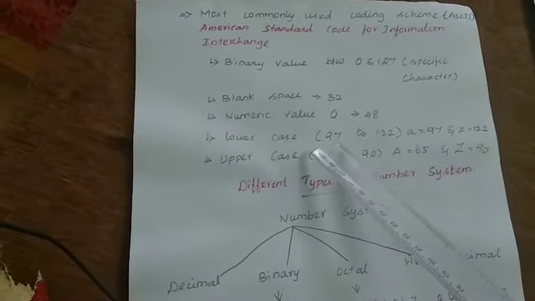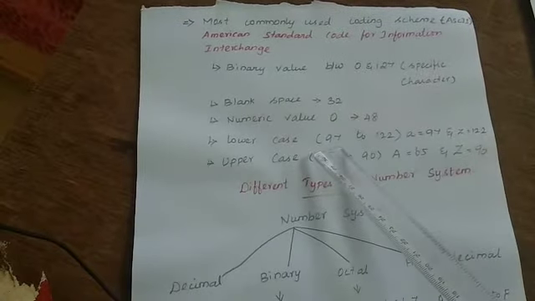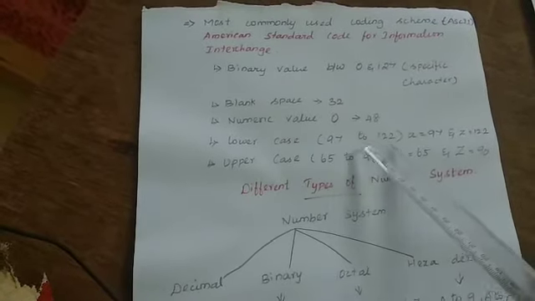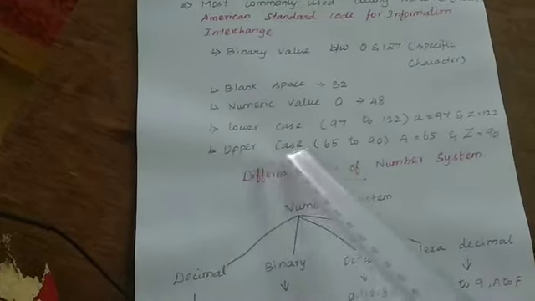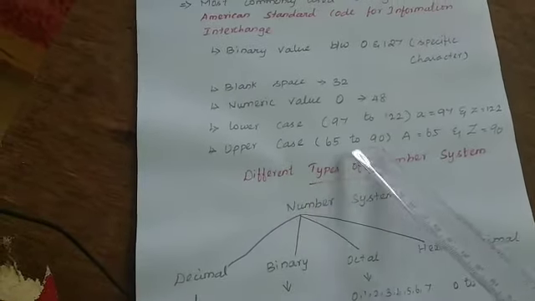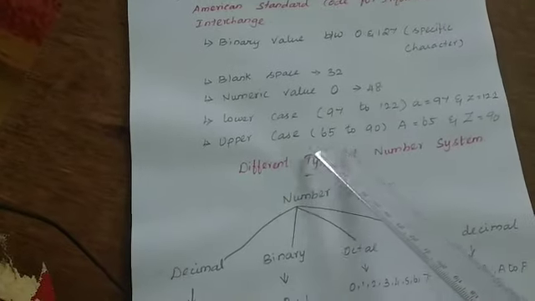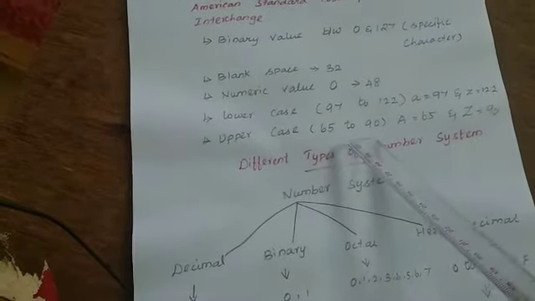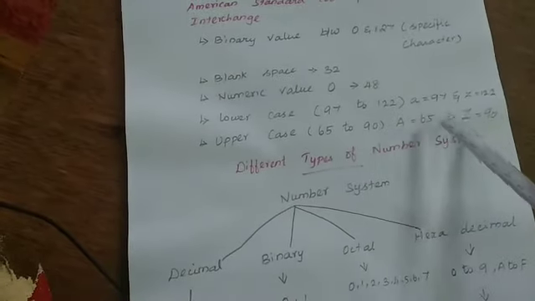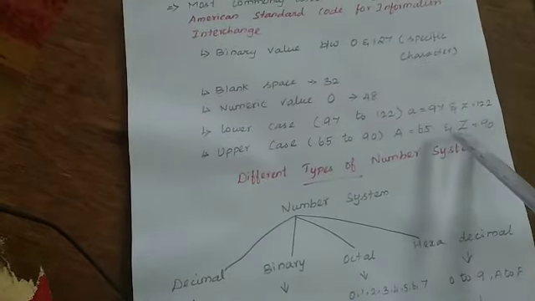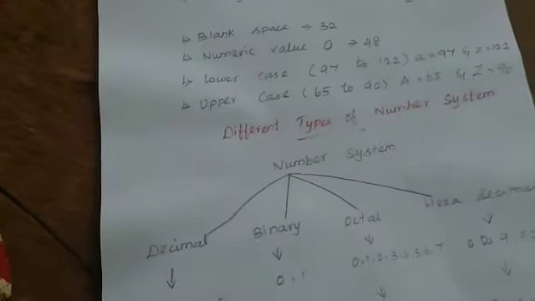That means the smaller a is 97 and the small z is 122. And the uppercase letters consist of 65 to 90. That means the capital A has the ASCII value of 65 and the capital Z has 90.